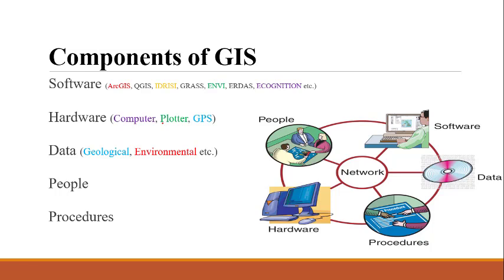People that know about GIS are GIS specialists and GIS analysts, and lastly, different procedures can be used to handle and analyze these different data. So all are the main components of a GIS. Without any of these components, GIS is incomplete.